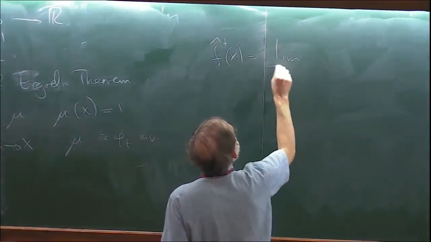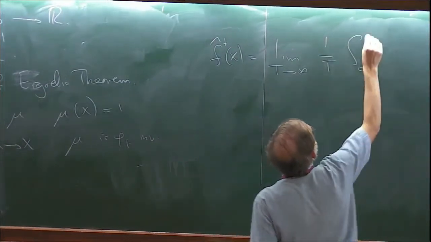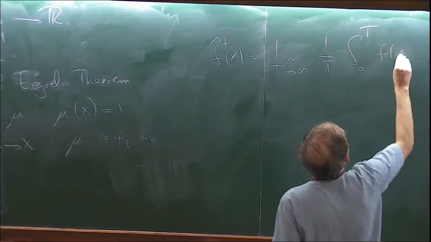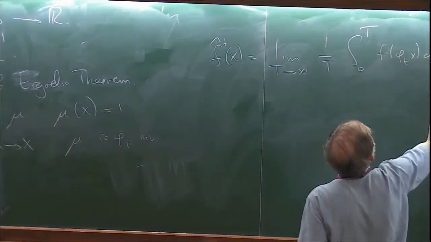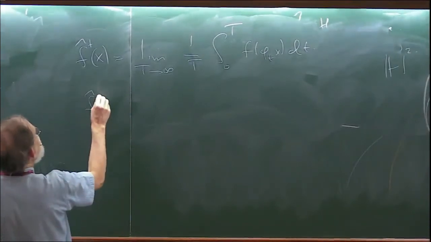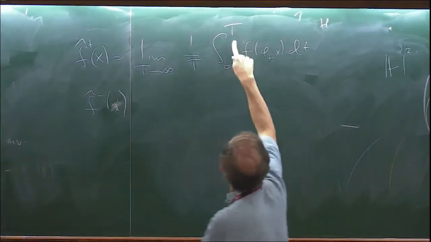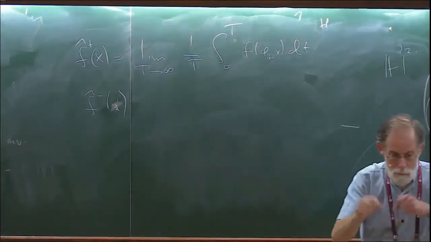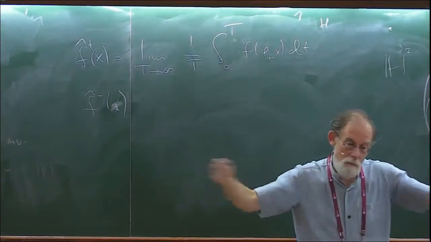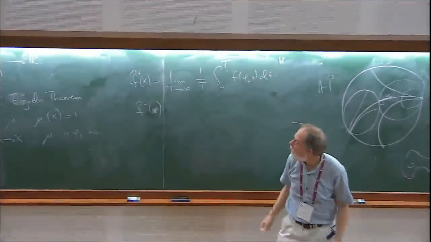The limit as big T goes to infinity of 1 over T times the integral from 0 to T of f of φ_t of x dt. This means I look at the point x, I flow forward for time T, and I average what I see along that piece of orbit in the obvious way.